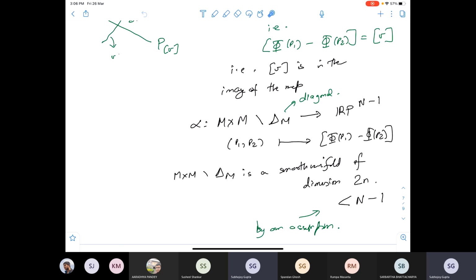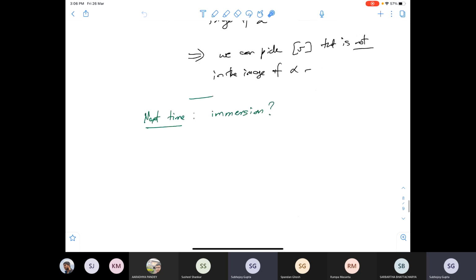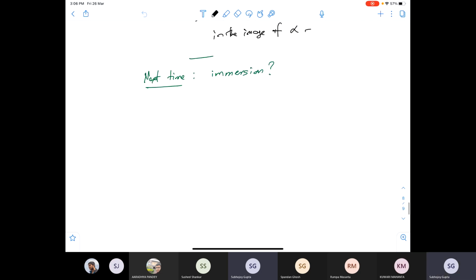So there's a full measure set of possible v's that we could have chosen, and we'll use that freedom that we have. So this is our next time now. Let me just continue here and finish off the proof.